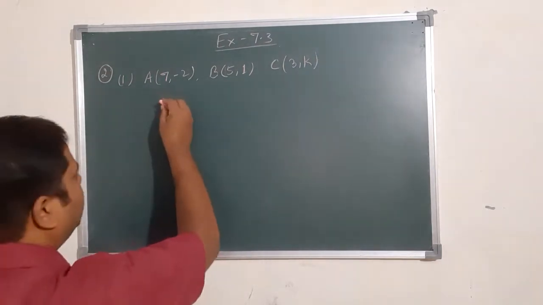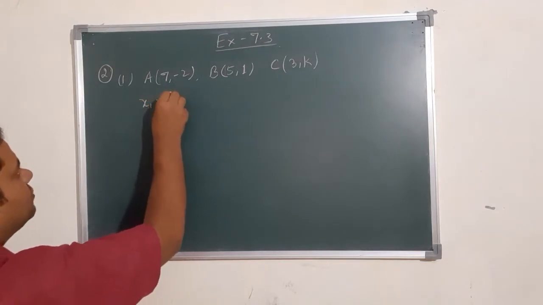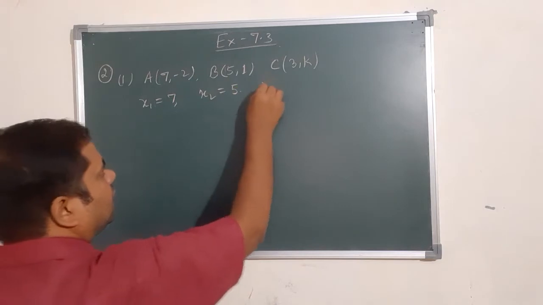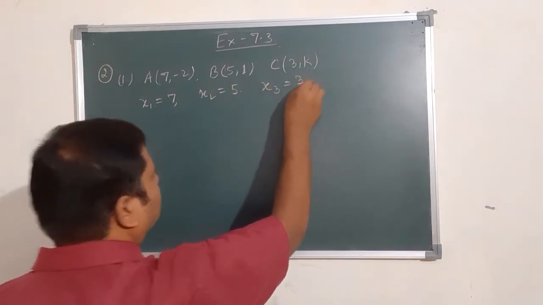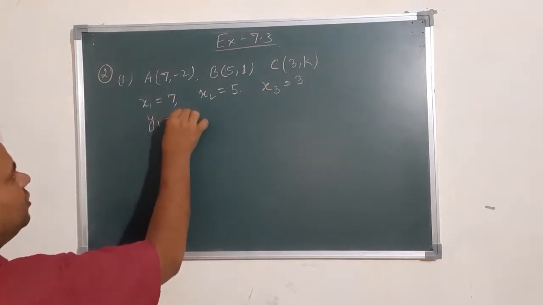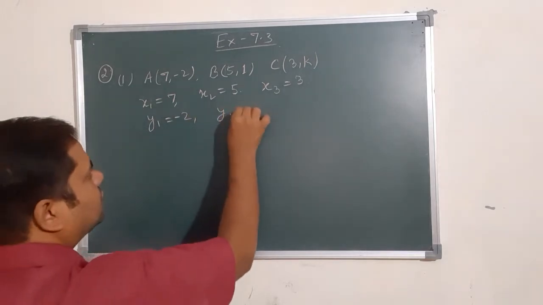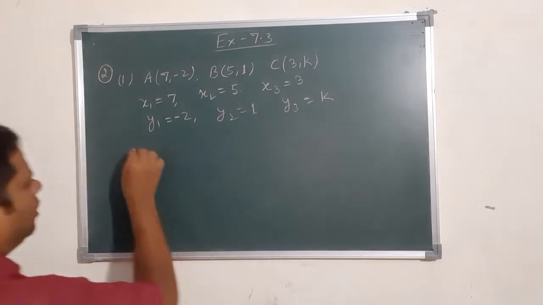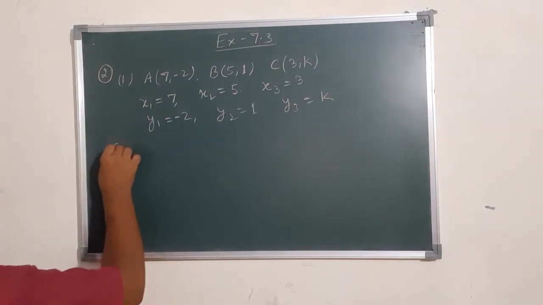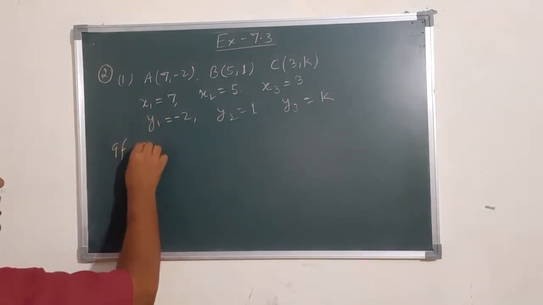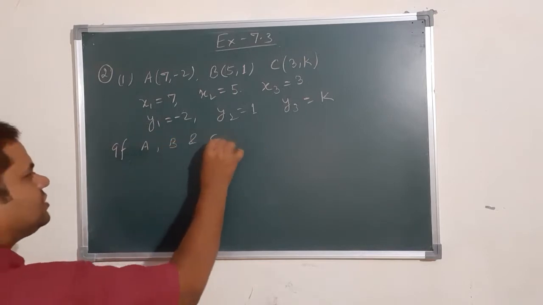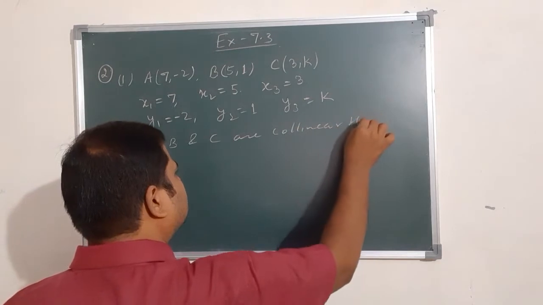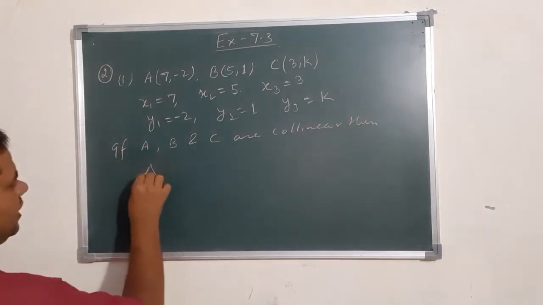First of all, we write here x1 is equal to 7, x2 is equal to 5, and x3 is equal to 3, y1 is equal to minus 2, y2 is equal to 1, and y3 is equal to k. Now area of triangle, if A, B and C are collinear, then delta must be 0.